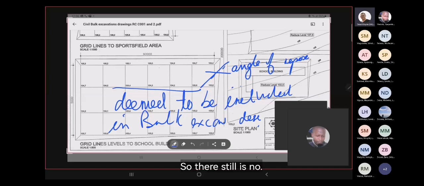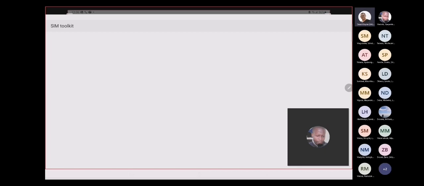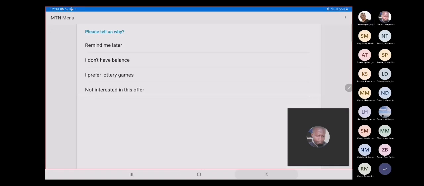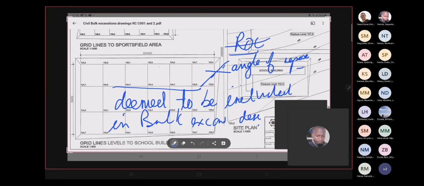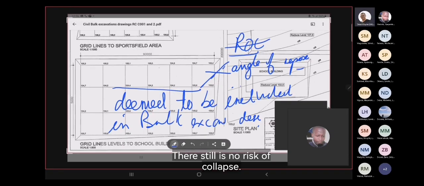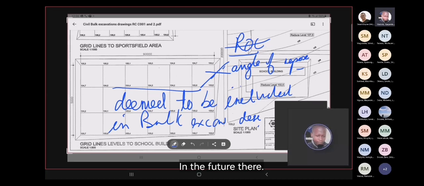So there still is no risk of collapse. You got that now, Madolo? Understood, sir. Okay, great stuff.